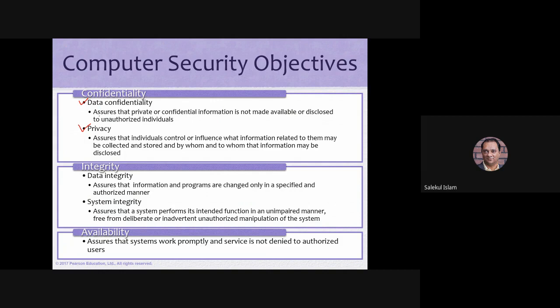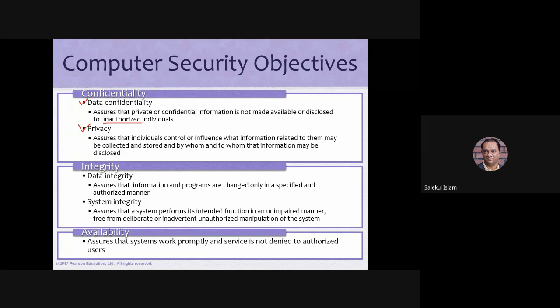Data confidentiality assures that private or confidential information is not made available or disclosed. So if some information is confidential, say for example, if we say that your result will be confidential, then we should not make that confidential information disclosed or available to unauthorized individuals.